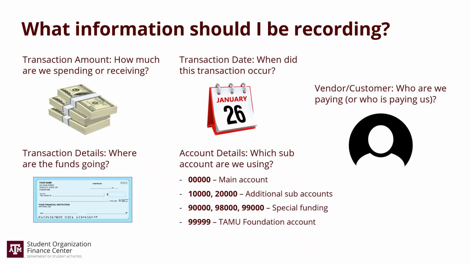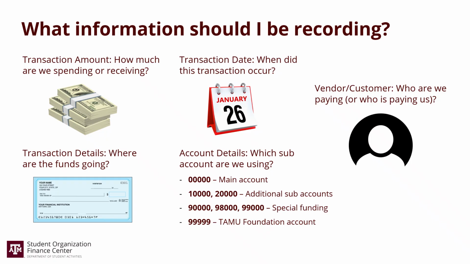Lastly, you will need to know what account you are drawing funds from. Every student organization will have a main account designated by 00000, or all zeros. However, many organizations have more than one.